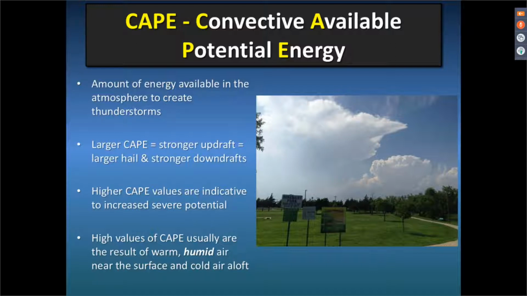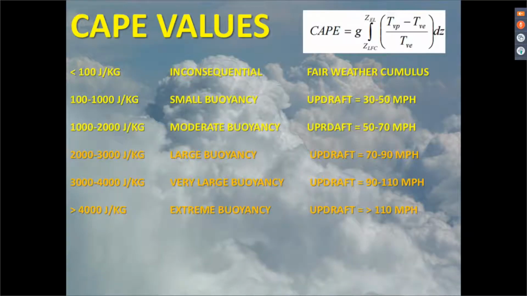And when you've got cold air above warm air, remember that warm air is going to want to rise, and especially if it's colder aloft, that warm air is going to accelerate through the atmosphere. And if you've got higher amounts of CAPE, you're going to see more intense thunderstorms. So what kind of values are we talking about here?